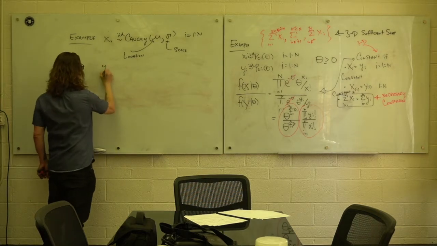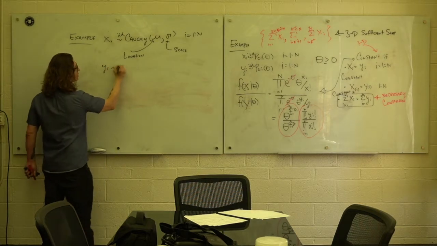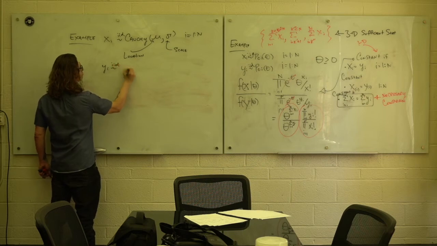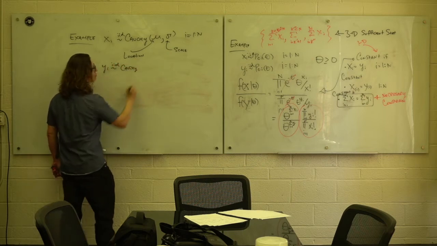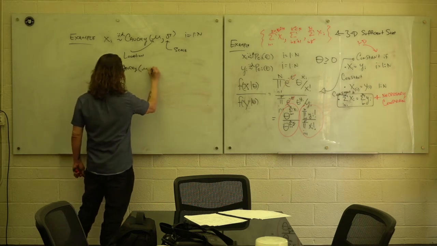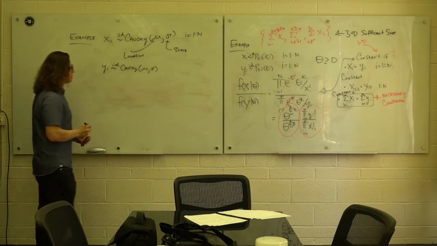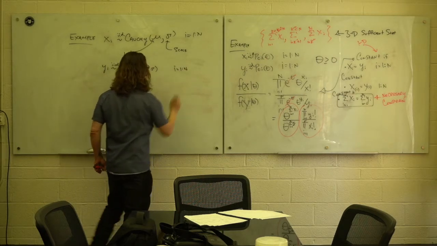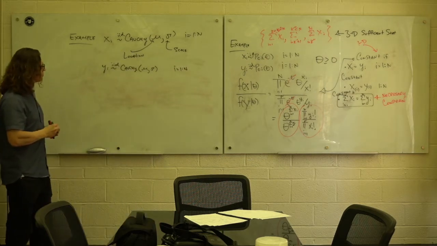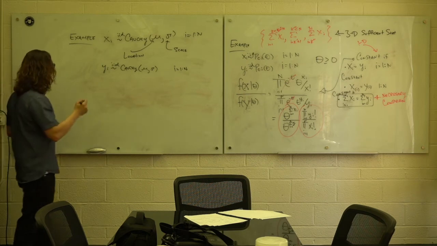We'll do the same thing. Think about some hypothetical y's. We'll let them be Cauchy as well, with mu, sigma. Again, i goes from 1 to n. So I know what Cauchys look like.